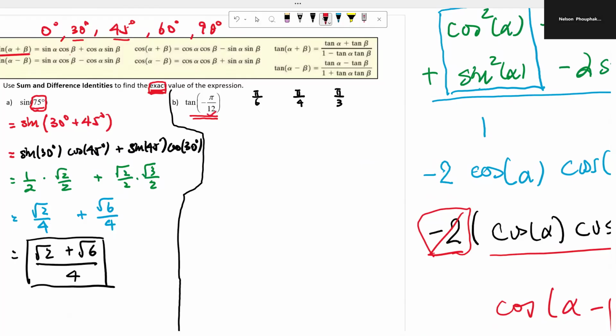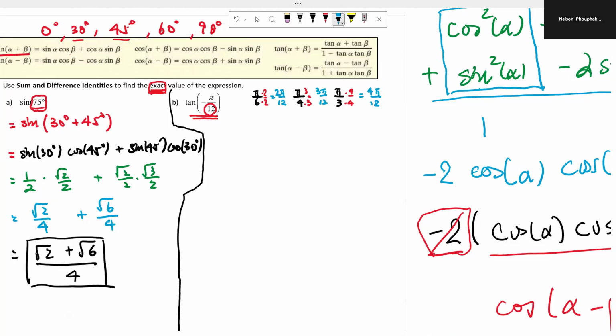Because we work with the 12, what I could do is multiply top and bottom by 2 for pi over 6, this one multiply 3, and this one multiply 4, right? So in this case, I will have 2 pi over 12, 3 pi over 12, and 4 pi over 12.